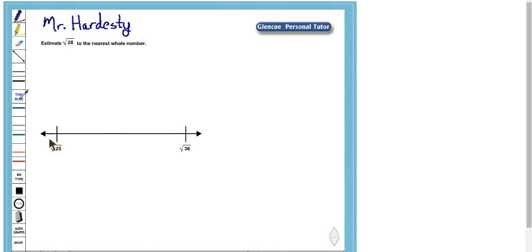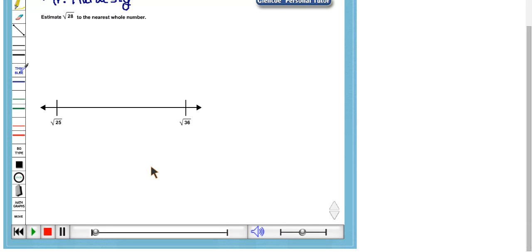And so this actually is using a number line to estimate a square root. And I thought it was kind of funny that this is Mr. Hardesty teaching. Make sure our volume is all the way up. All right, here's that video.